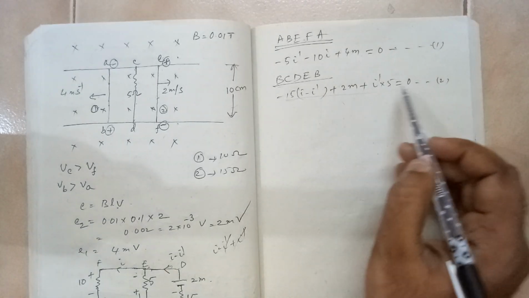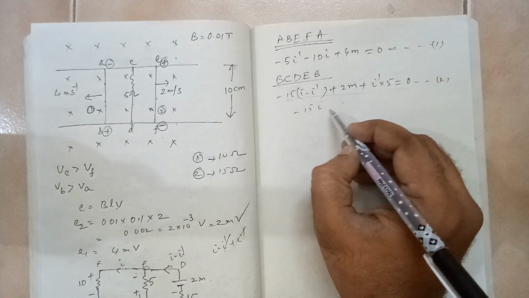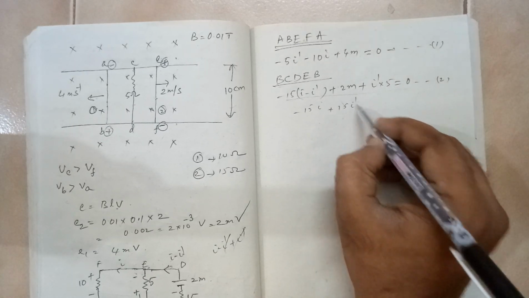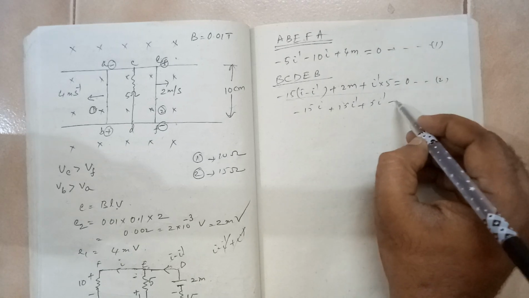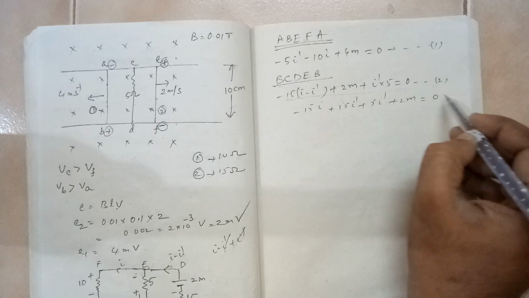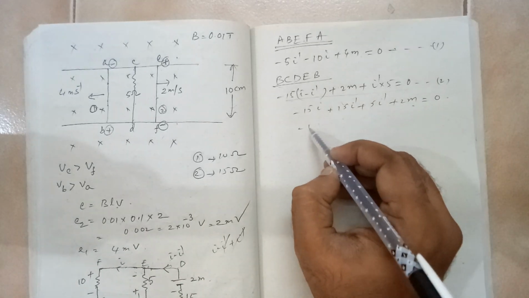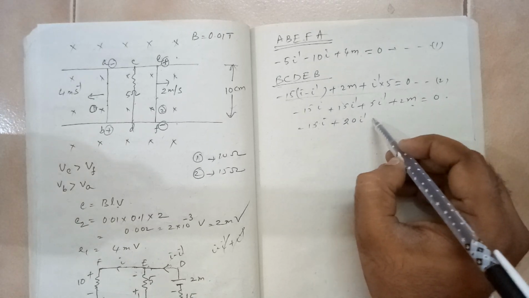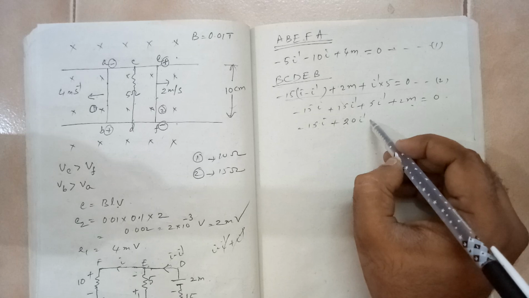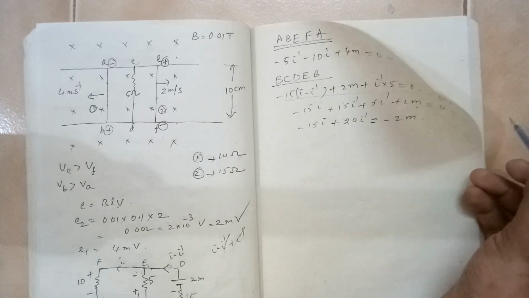If we simplify the second one, this is minus 15I plus 15I dash plus 5I dash plus 2m, m means milli. So this is minus 15I plus 20I dash, and it goes to the other side, it becomes minus 2 milli.